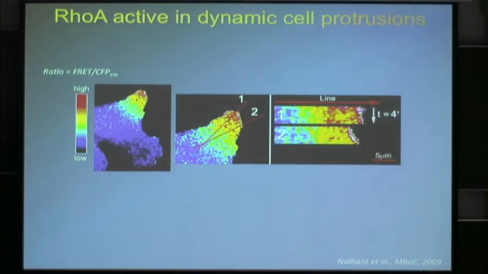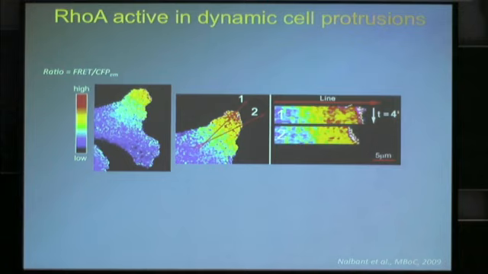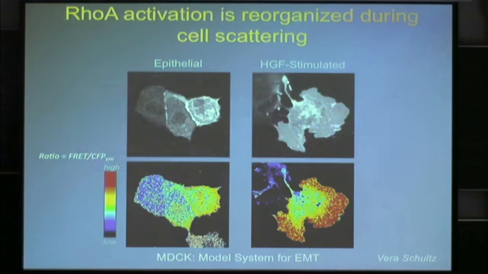When we did short movies and looked at the activity distribution using kymographs, the activity was highest in the very edge region of the cell protrusion. So this was again a confirmation that dynamic protrusions have elevated RhoA activity.